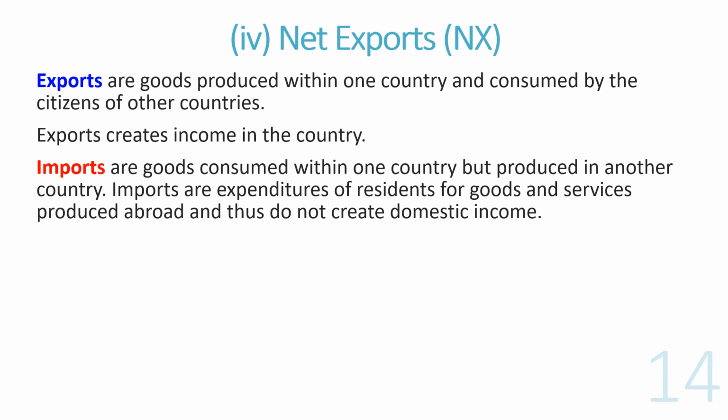On the other hand, imports are the goods consumed within one country but produced in some other country. These are the expenditures of residents for the goods and services which were produced abroad and thus do not create domestic income.